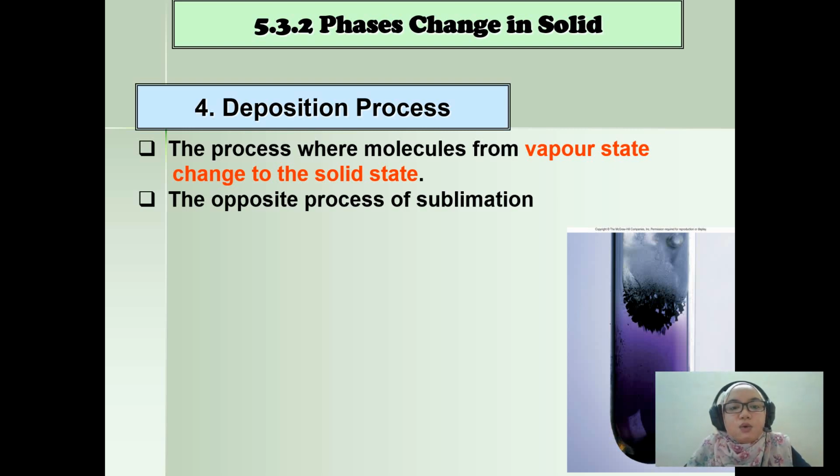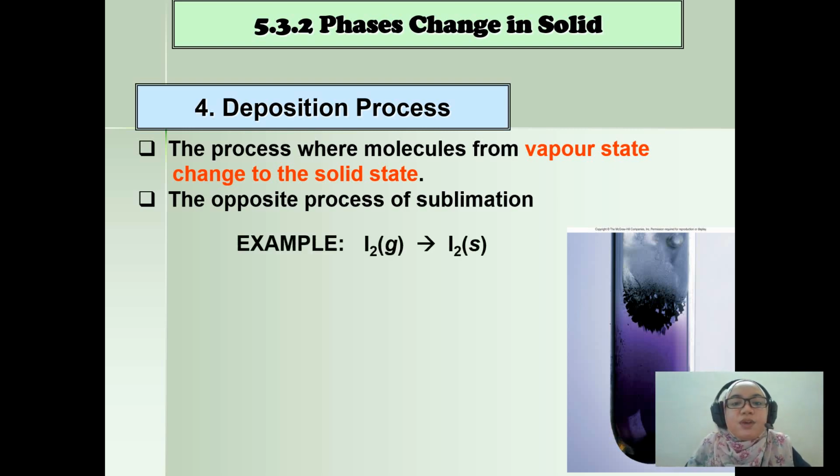Okay, next. What is deposition process? So, deposition process is actually the process where the molecules from the vapor state or from the gas state change directly to the solid state. So, it is actually the opposite process of the sublimation. From tadi sublimation from solid to gas. So, deposition process is from gas to solid.